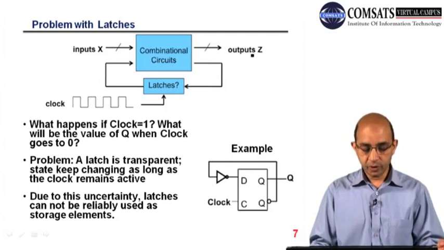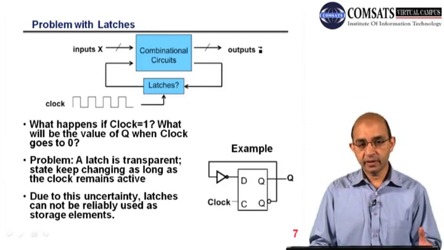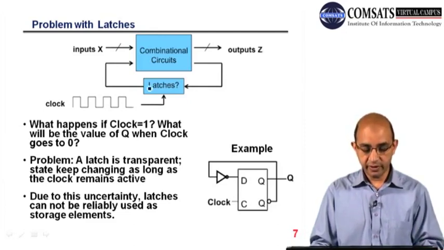The problem is that, as we have discussed, the latch transparently moves data as long as the clock remains active, so there will be change till we have this level, that is 1, or high.